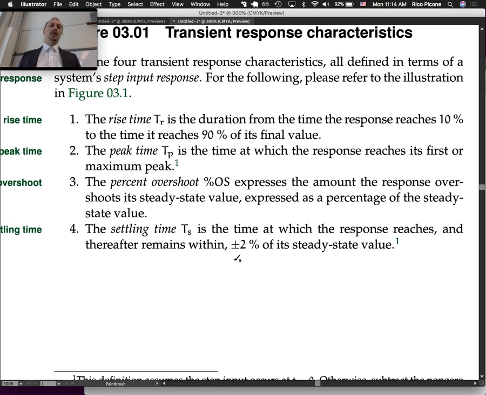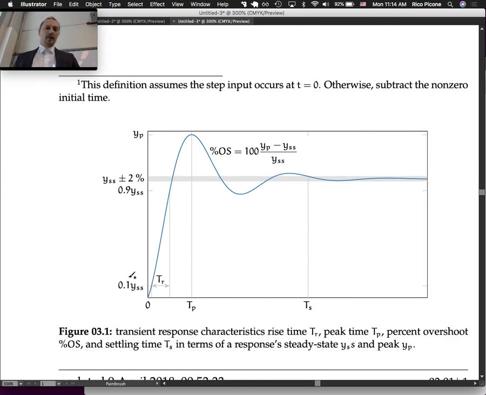The first one we'll define is the rise time, TR. It's the duration from the time the response reaches 10% to the time it reaches 90% of its final value. On the graph, we have a step response for what looks to be a second order system, with some overshoot and some damped oscillation.